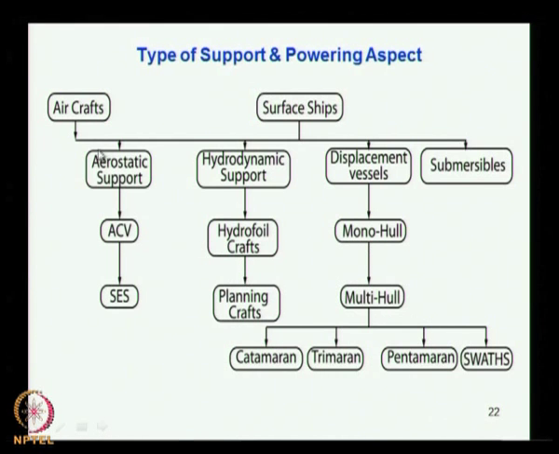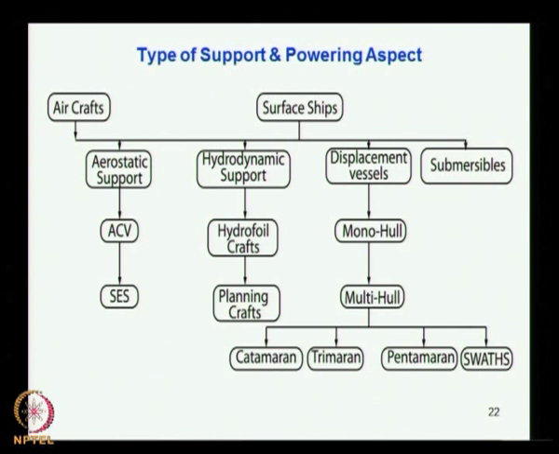Then, depending on the support, there is aerostatic support. Here, the air cushion vehicle, which I have already explained. Unfortunately I do not have the picture here; maybe next class I will show the picture. In these two types, because of the creation of the air cushion, the vehicle gets pushed up, contact with water becomes less, and the speed becomes high.